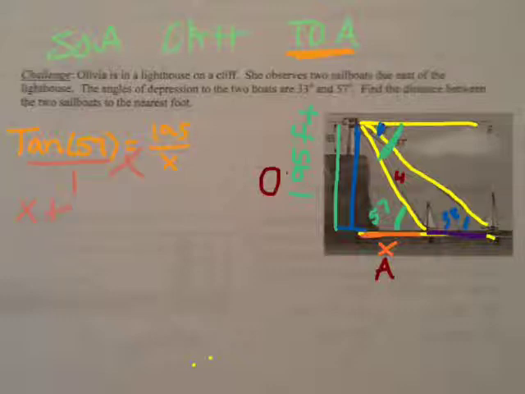X tangent of 57 equals 195. Divide by the tangent of 57. So X is equal to, if you plug that in your calculator, 195 divided by the tangent of 57, about 126.6 feet.